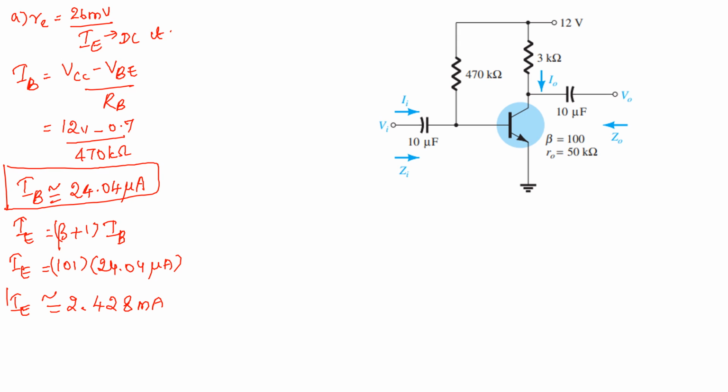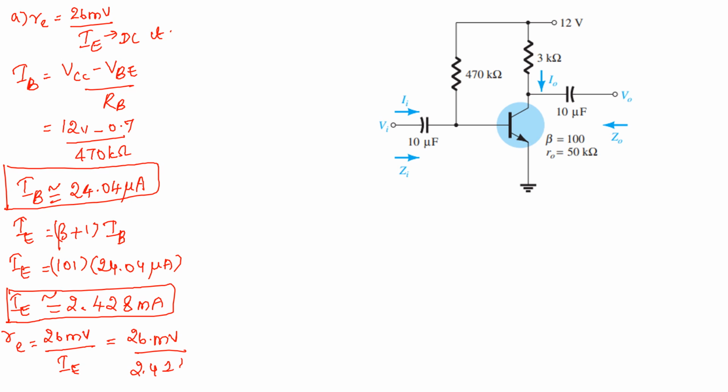Now you have got the value for IE. Now we can substitute in the formula: re is equal to 26 millivolt divided by IE, which is 26 millivolt divided by 2.428 milliampere, which is approximately equal to 10.71 ohm.